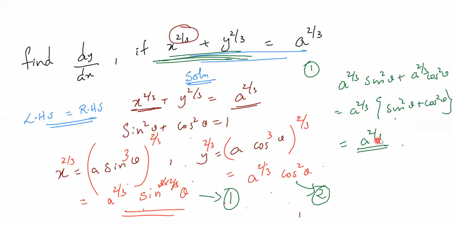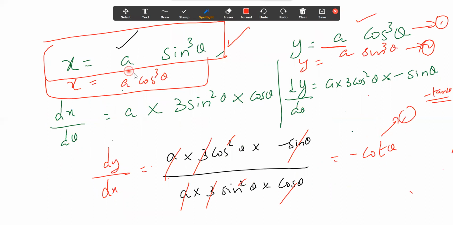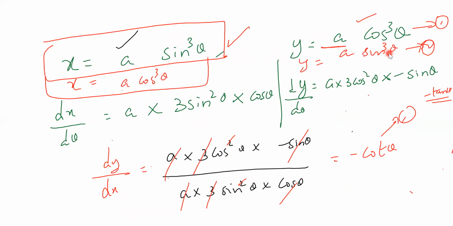So I got this LHS is equal to RHS: a power 2 by 3 sin square theta plus a power 2 by 3 cos square theta. I can take a power 2 by 3 outside. Sin square theta plus cos square theta is 1. I got LHS is equal to RHS. Now I can directly put a sin cube theta and a cos cube theta. Now what is the differentiation of sin cube theta? This is the same differentiation formula I'm using: n x power n minus 1.